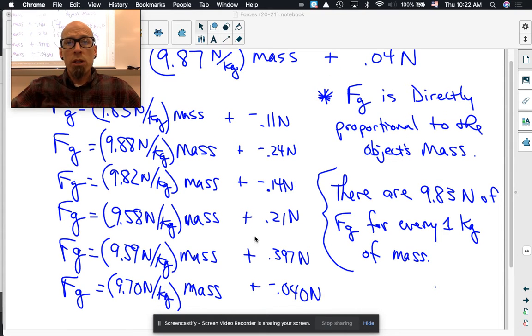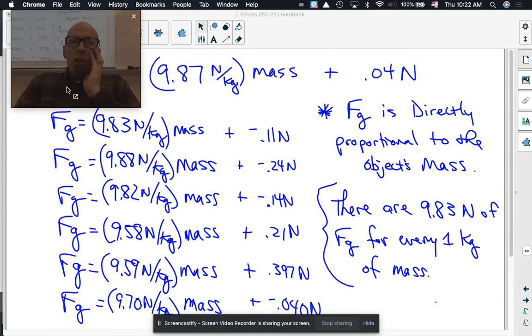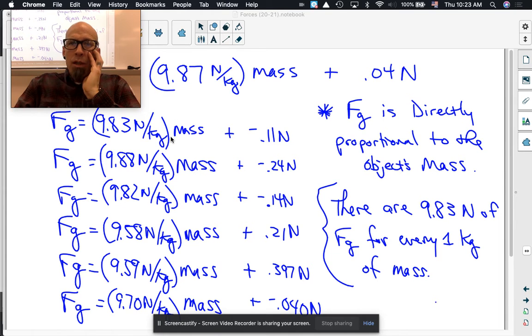The next question was, what is the y-intercept telling us? Again, I had you write down a statement way back, and I've tried to have you use that statement to tell us what the y-intercept means. The y-intercept is the value of the y variable when the x variable is 0. Think about it.